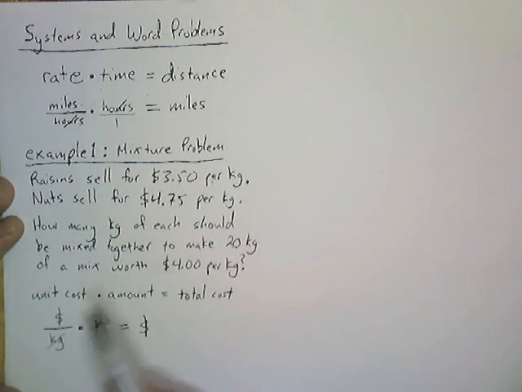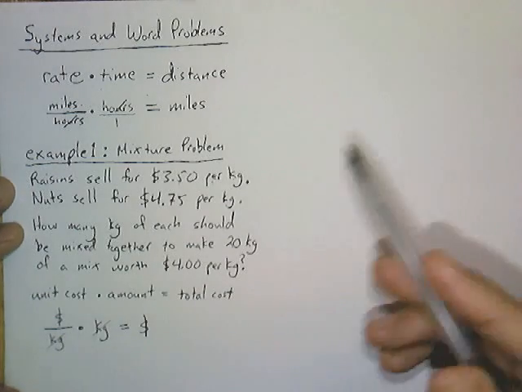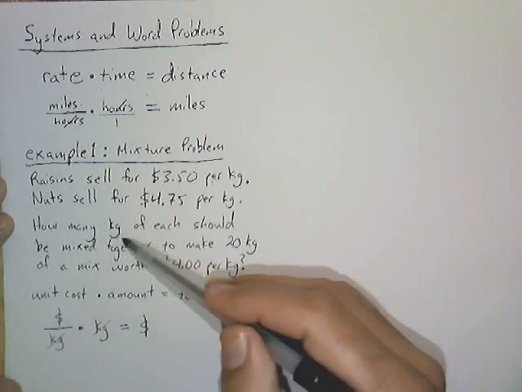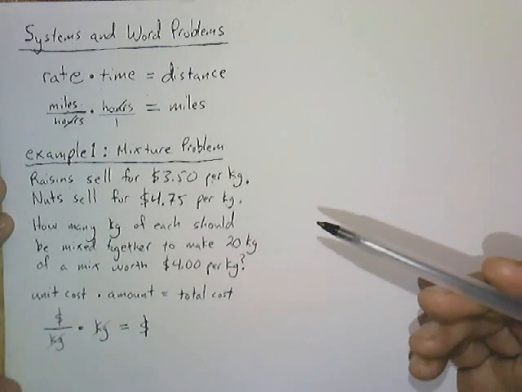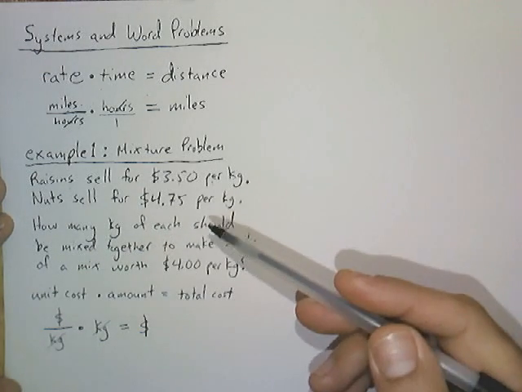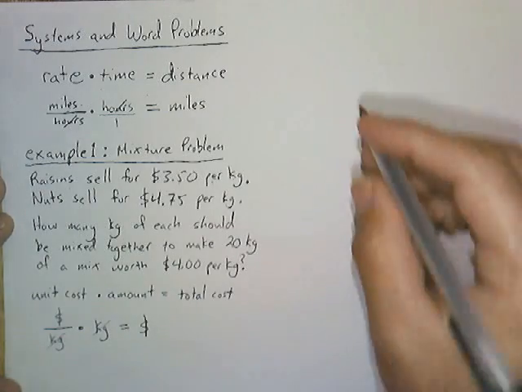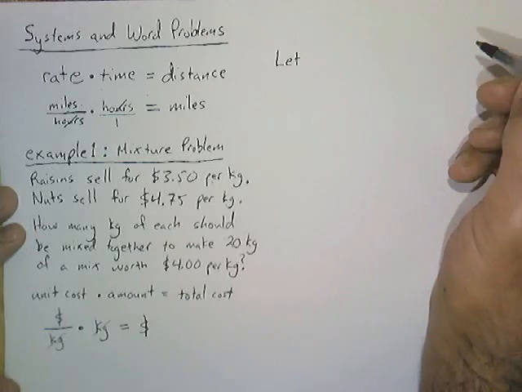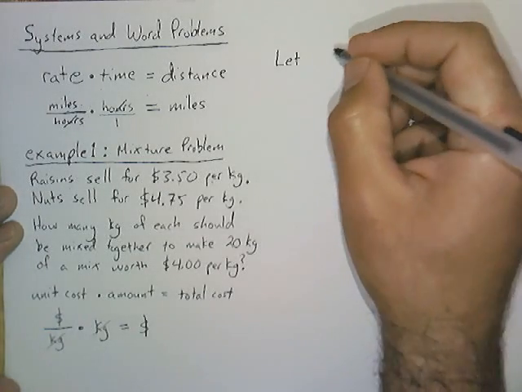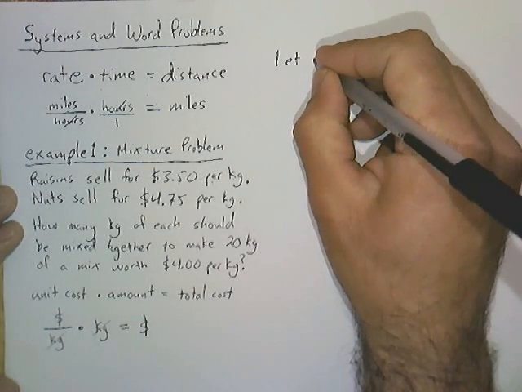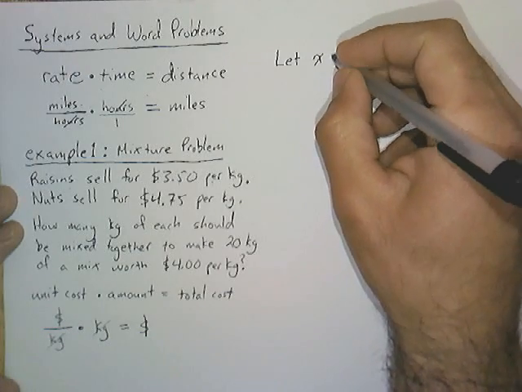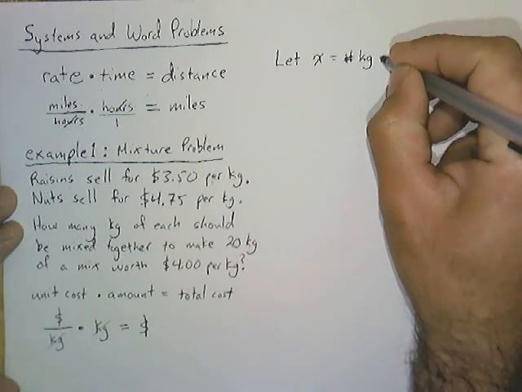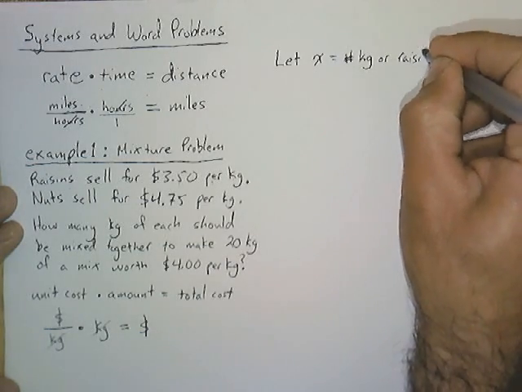So before we get everything set up, we should also assign some variables. We want to know how many kilograms of raisins we're going to need and how many kilograms of nuts we're going to need. So that's what we're looking for, and it's also what we're going to be assigning variables to. You could use any letters you want, but X and Y are always good for me. So let X equal the number of kilograms of raisins that we're going to be using.